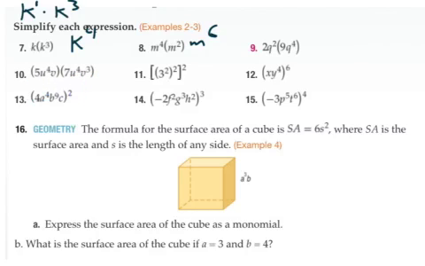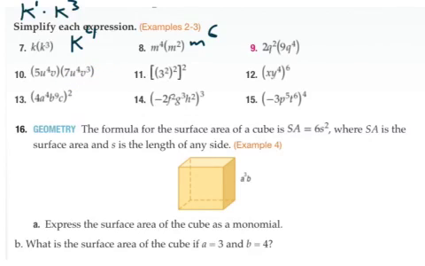So number 10, the first thing I'm going to do when I see expressions with parentheses is I'm going to check and see, are there exponents outside the parentheses? If there are, I'm going to simplify those expressions first. If they're not, I'm just going to go ahead and start combining stuff.